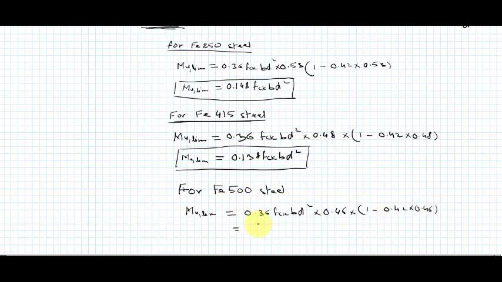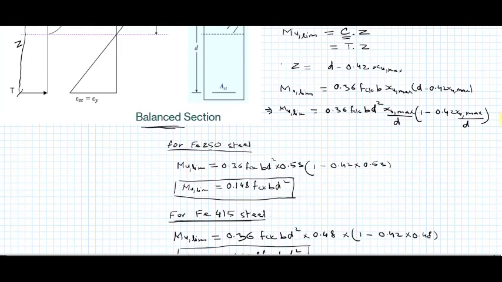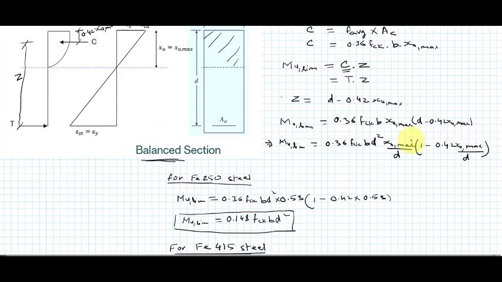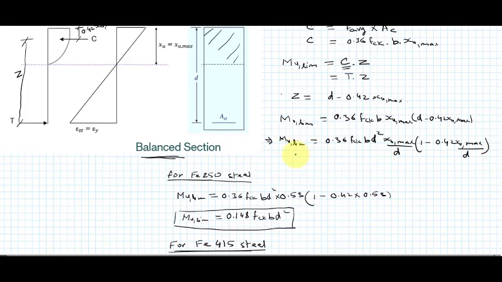If you do the computation, you are going to get this as 0.134 fck b d square. For Fe500 steel, the limiting moment of resistance is 0.134 fck b d square. So what we have done, we have calculated the moment of resistance for a balanced section. For a balanced section, we represent the moment of resistance as the limiting moment of resistance, and we have derived a relationship of Mu lim for different grades of steel.